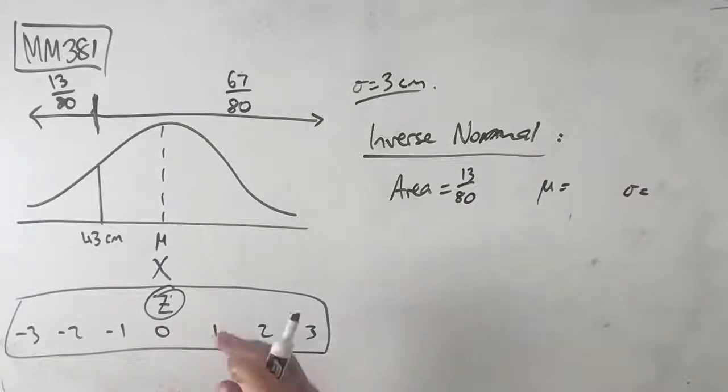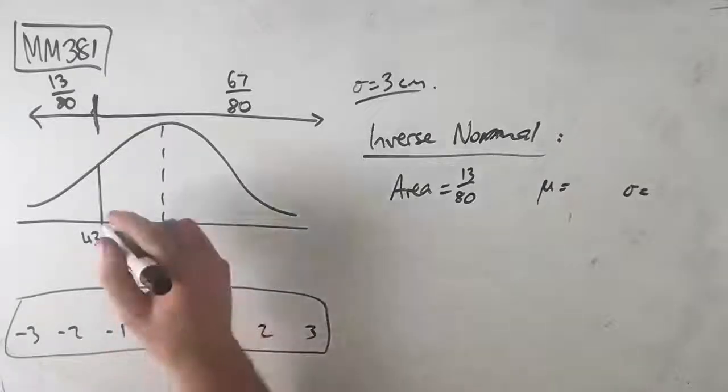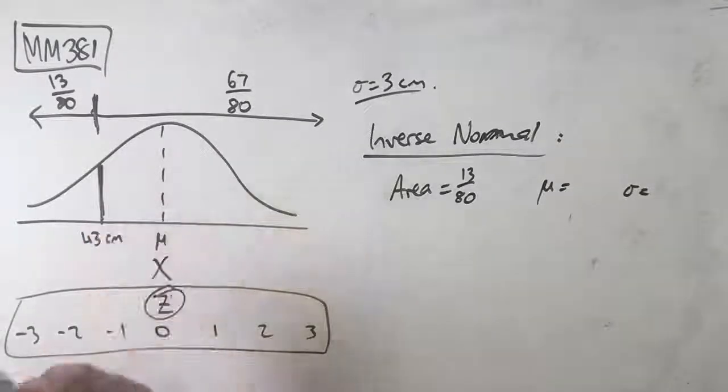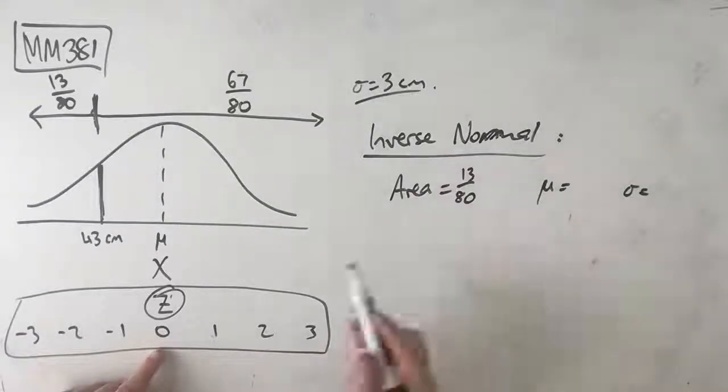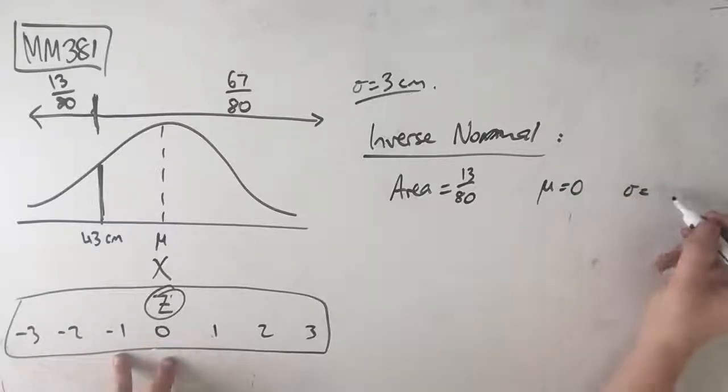Now, we're trying to find our z value, okay? So we're trying to find out how many standard deviations away from the mean this 43 centimeters is. So our mu, or our mean for our z distribution is 0, okay? And our standard deviation is 1.